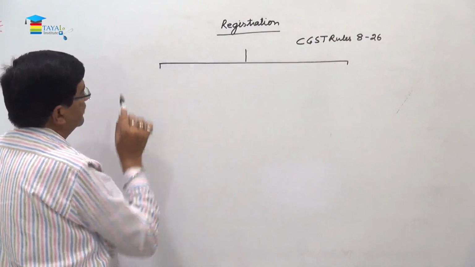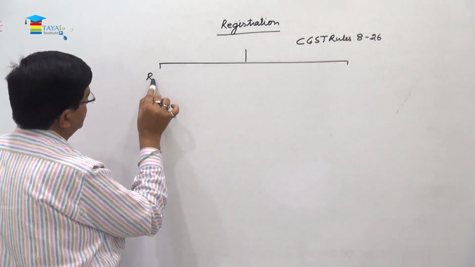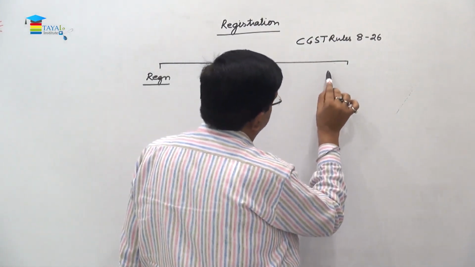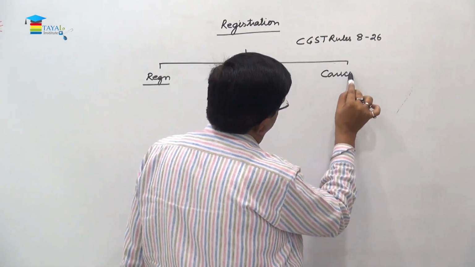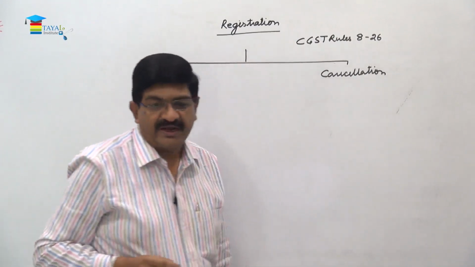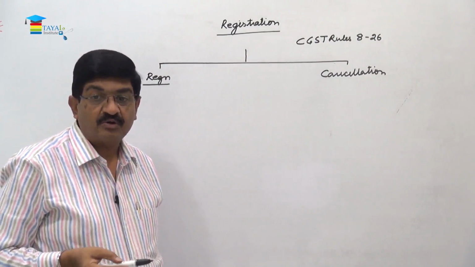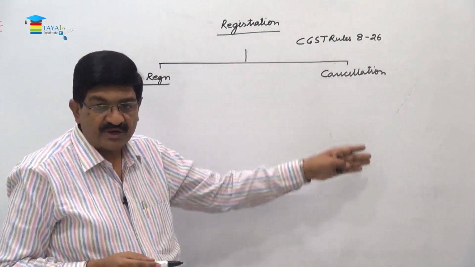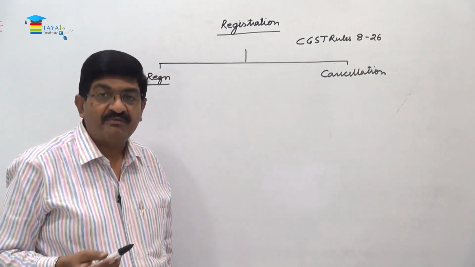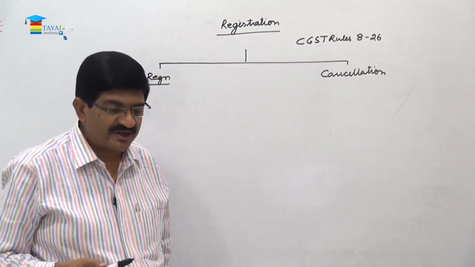These are the rules which are dealing with registration and the rules which are dealing with cancellation, right? So you can add this in the continuation of the previous chart also. So on the cancellation side you can write here, in the registration side you can write down the line. So in one page itself you have summary of the entire chapter.